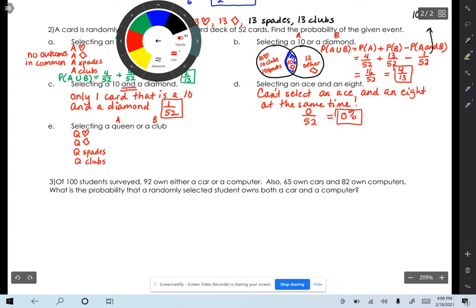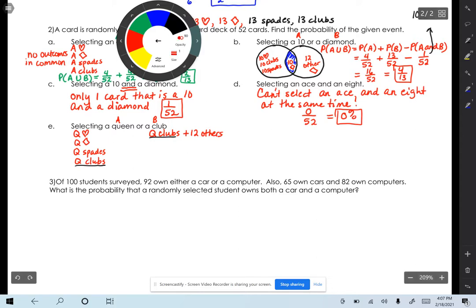B, a club, you have a queen of clubs plus 12 other clubs. You have an ace, a jack, a king, a 2, a 3, so on. So they do have this shared outcome in common. So this is the exact same problem as problem B, and it's going to give us 4 out of 52.